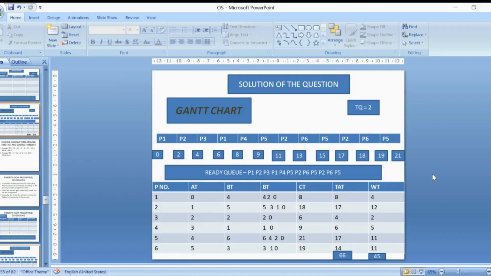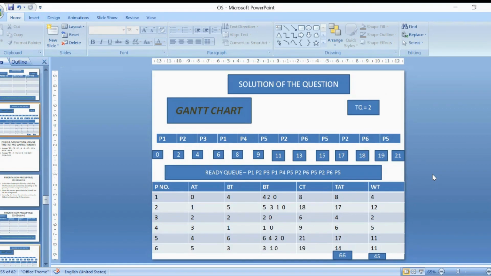Now P2 will execute 2 time quantum, so the Gantt chart value becomes 4 and P2 has 3 burst time remaining. Now at the time interval 4, P4 and P5 have arrived. So now we will write P4 and P5 in the ready queue and also P2 since it has 3 burst time remaining.